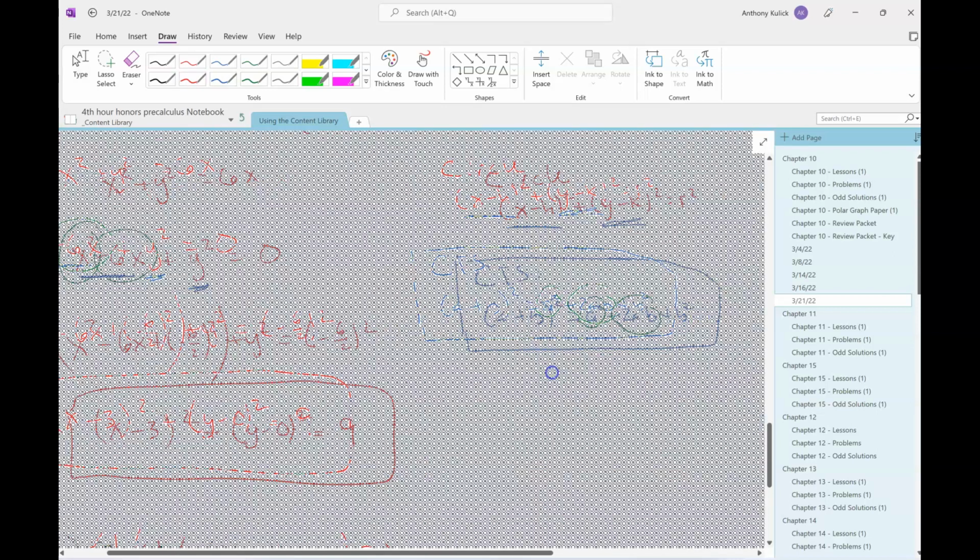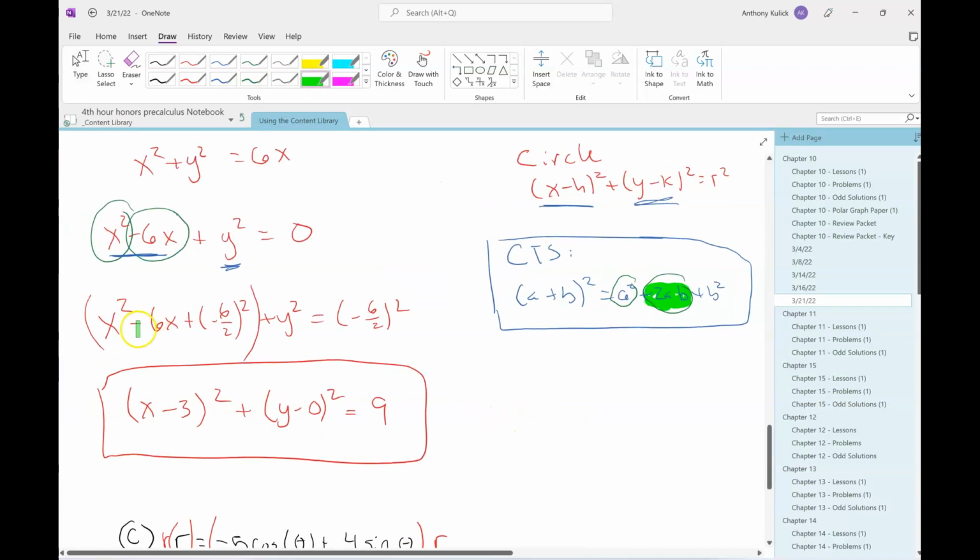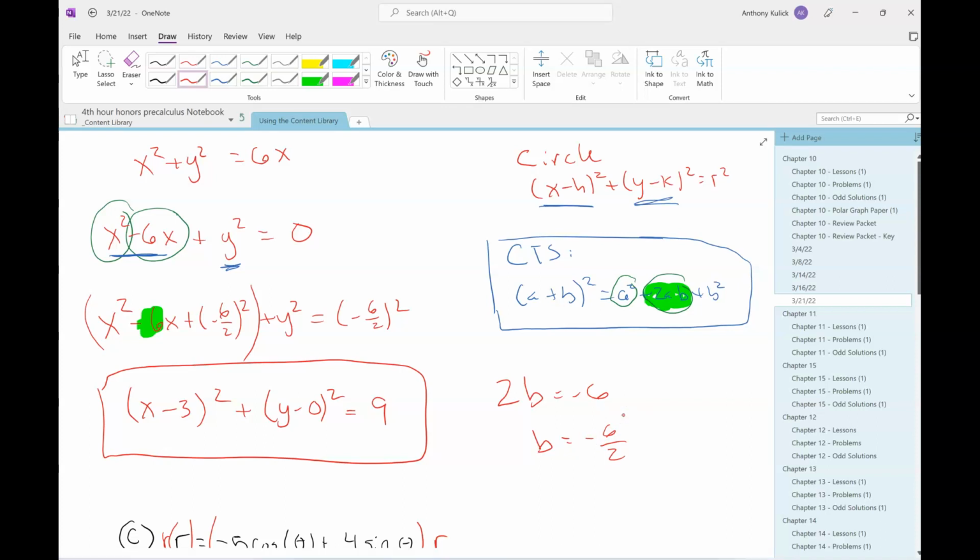So if I go back here, it's b over 2a. So like the negative 6 is 2b. So it's always going to be just dividing by 2 to that x coefficient.